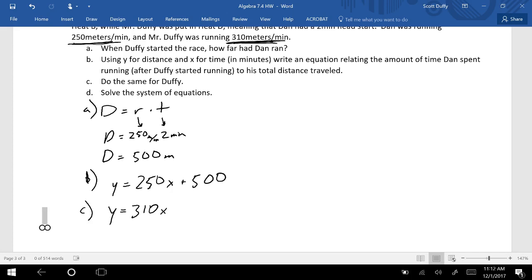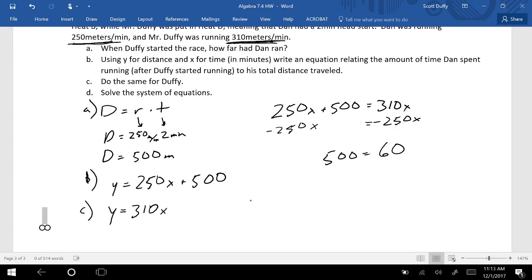Now I need to solve the system of equations. Well, this is going to be substitution because they're both equal to y, so you set them equal to each other. I'm going to say 250x plus 500 is equal to 310x. Get the x's on one side, so I'm going to subtract 250x from both, and I get 500 is equal to 60x.